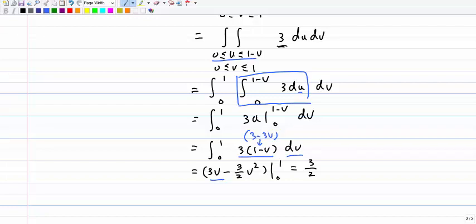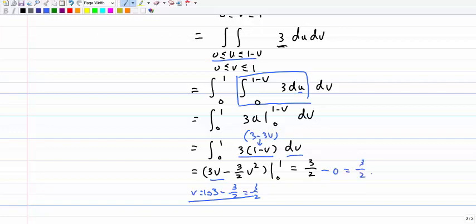At 1, you have 3 minus 3 over 2, which is 3 over 2. And at v equal to 0, the value is still 0. So the answer is 3 over 2.